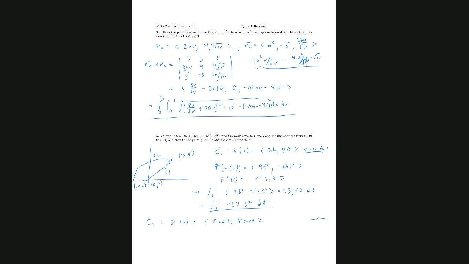So the idea is we have to get this angle, and since we know that tangent of theta, or in this case tangent of t, is equal to y over x, we get t goes from inverse tangent of 4/3 to pi.